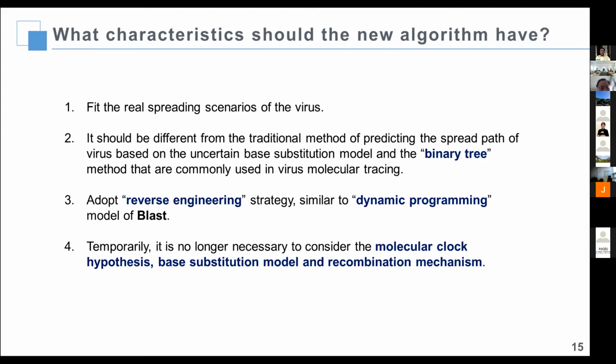And the third, adopt a reverse engineering strategy similar to the dynamic programming model of BLAST. Temporarily, it's no longer necessary to consider the molecular clock hypothesis, base substitution model, and the recombination methods.